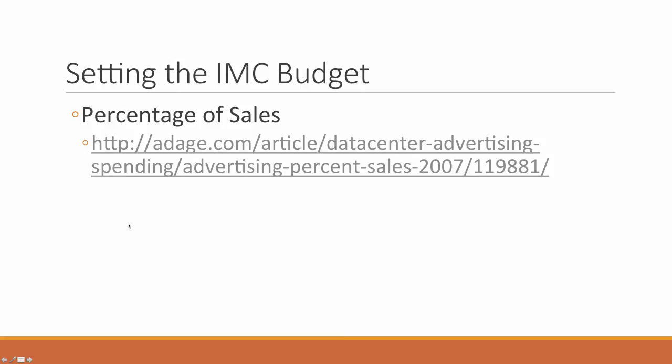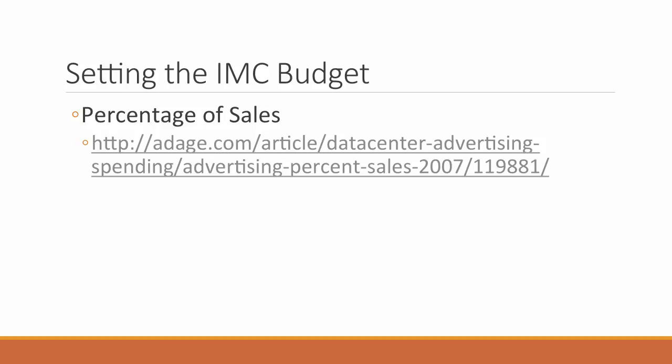So I think you can see how a percentage of sales is one method of setting the IMC budget. Keep in mind here too that in times of declining sales, you would actually be spending less on promotion, and that doesn't seem quite right.